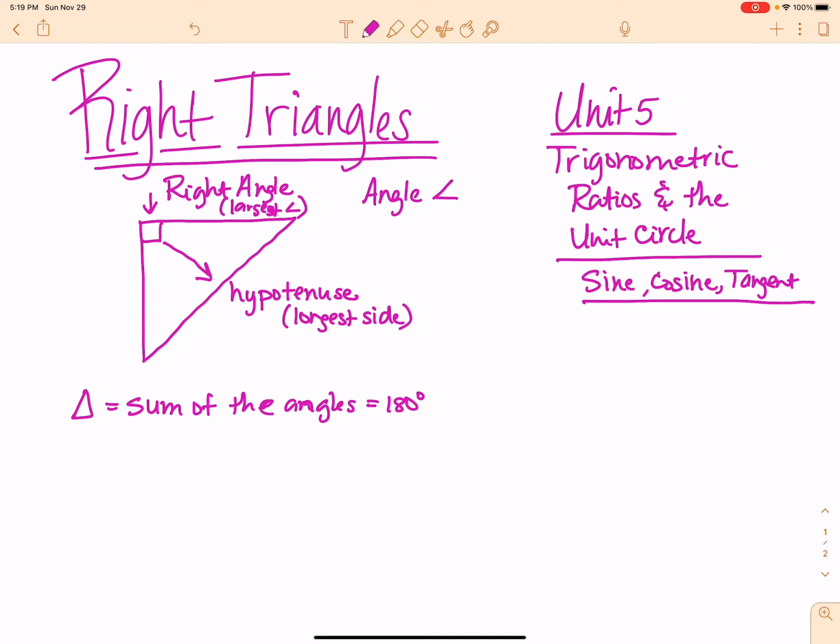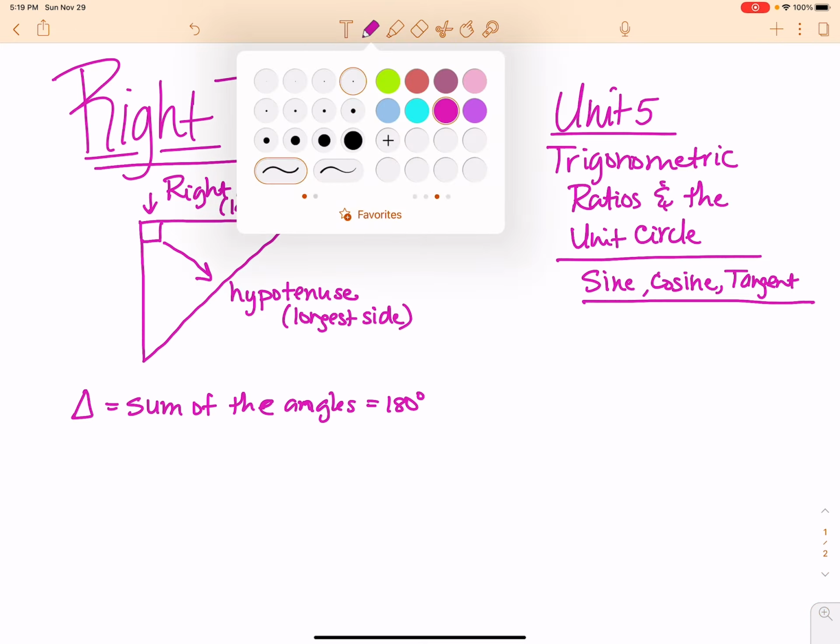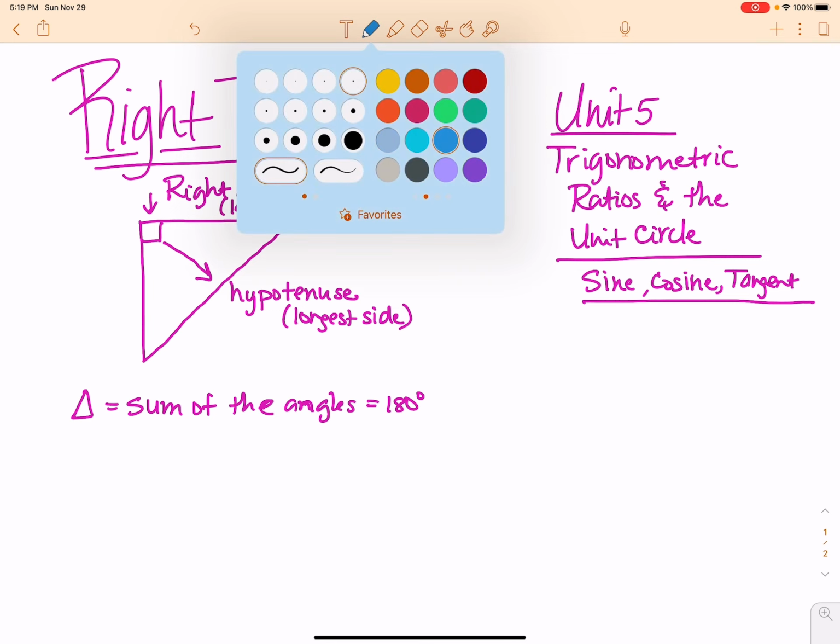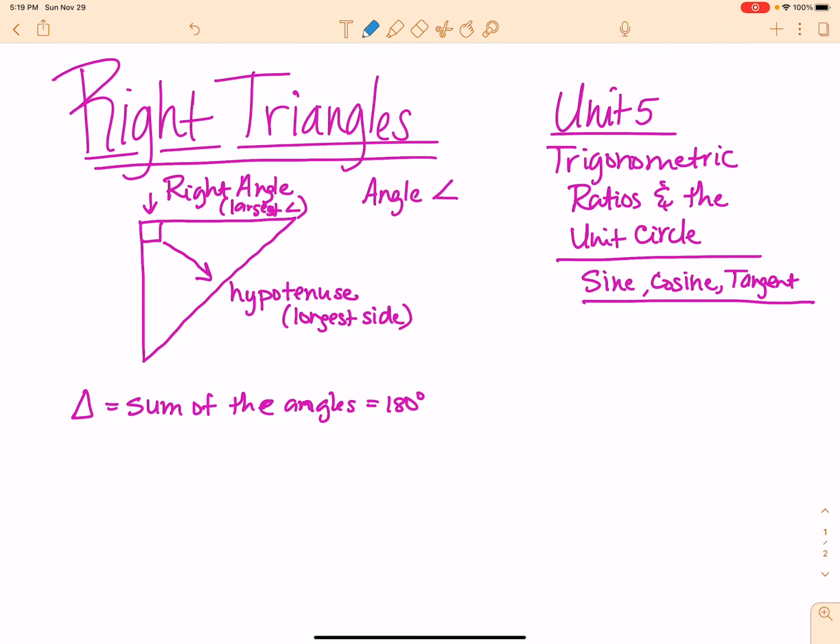So when you have a right triangle, you need to recognize that the other two angles, let's call this angle 1 and angle 2, are always going to add to 90 degrees. Because if I've already got 90 degrees here and the whole triangle is 180, that means angle 1 plus angle 2 has to be 90 degrees.